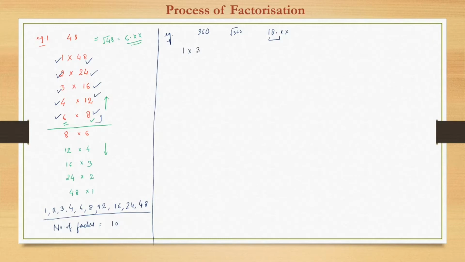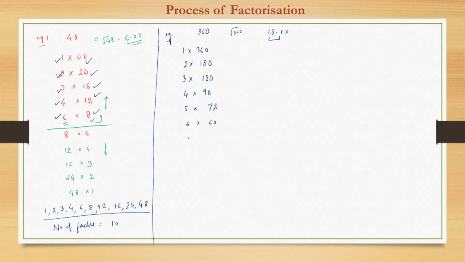1 into 360. 2 divides 360 and the quotient is 180. Similarly 3 we get 120. If we divide by 4 we will get 90. If we divide by 5 we will get 72. If we divide by 6 we get 60.